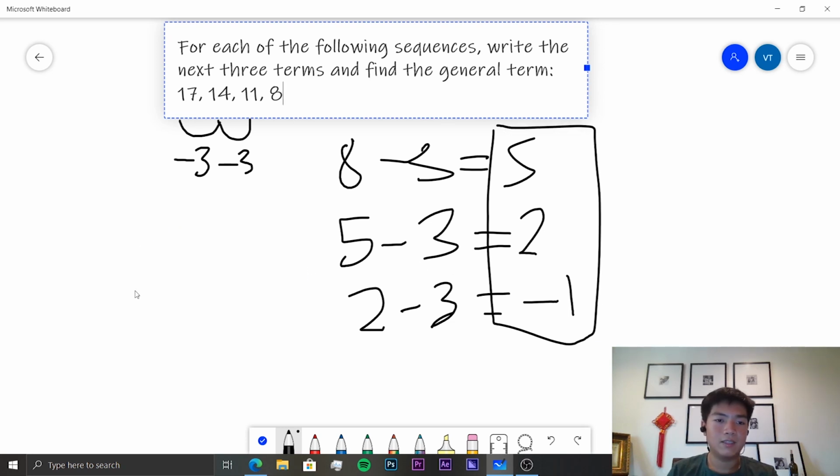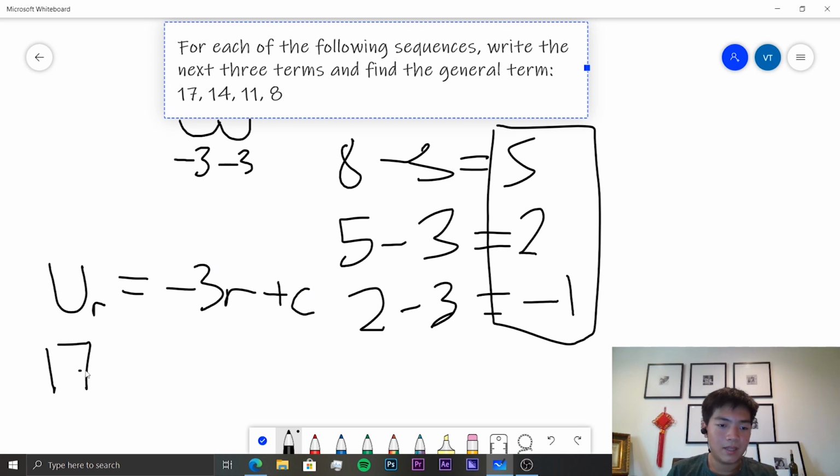To find the general term, we know that the general term will be equal to some sort of negative 3r plus a constant to make the first term 17. So let's find out what the constant is. We know 17 is equal to negative 3 times 1, because it's the first term, plus c.